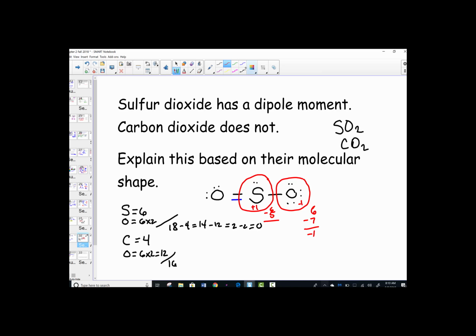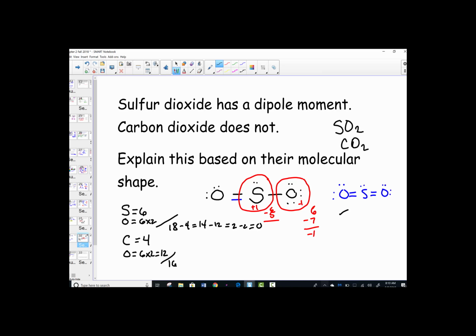Let's redraw and alleviate the formal charge, and you would do so by drawing double bonds in either direction. We still have the lone pair on the sulfur, but by making a series of double bonds, we now have 0 for each of the atoms' formal charge. So this is the better structure because we got rid of the formal charge. Sulfur can expand its octet because it's in the 3rd period that has d sublevels.